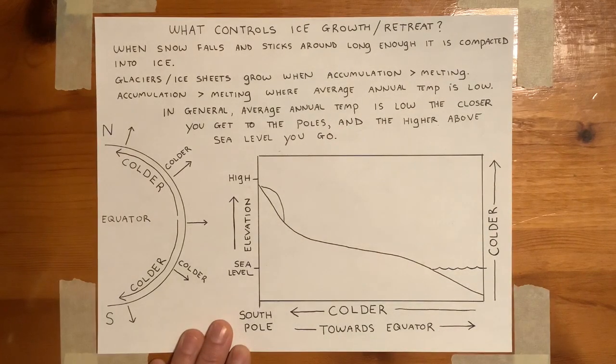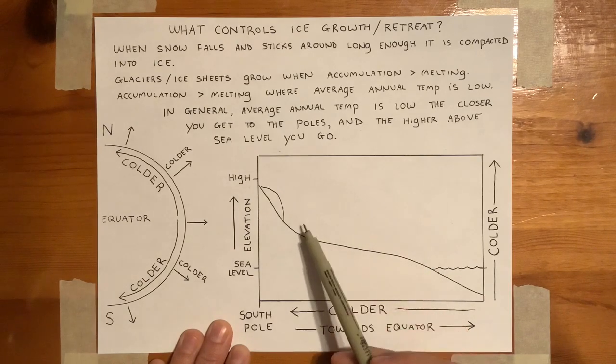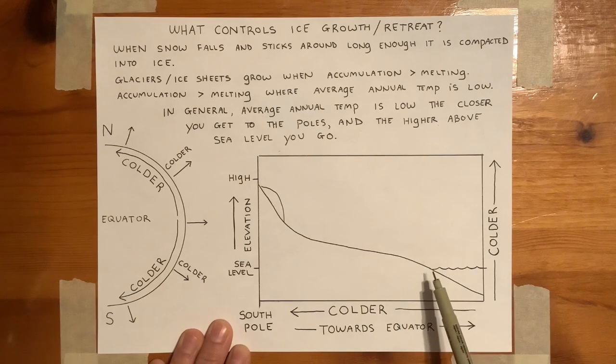As the planet continues to cool off, the parts of the Earth that are capable of sustaining glaciers, right, the parts of the Earth that have low enough mean annual temperatures or average annual temperatures, are going to move down in elevation and towards the equator, so to lower latitudes. So they're going to move towards lower elevations and lower latitudes.